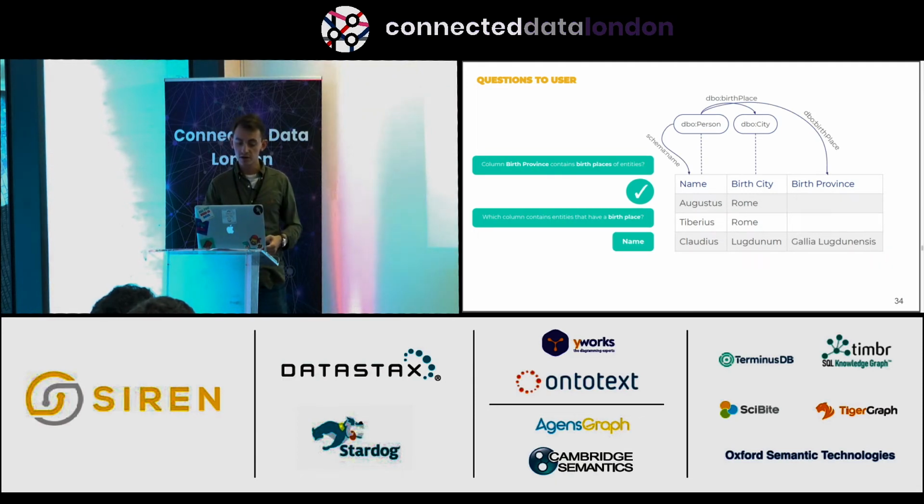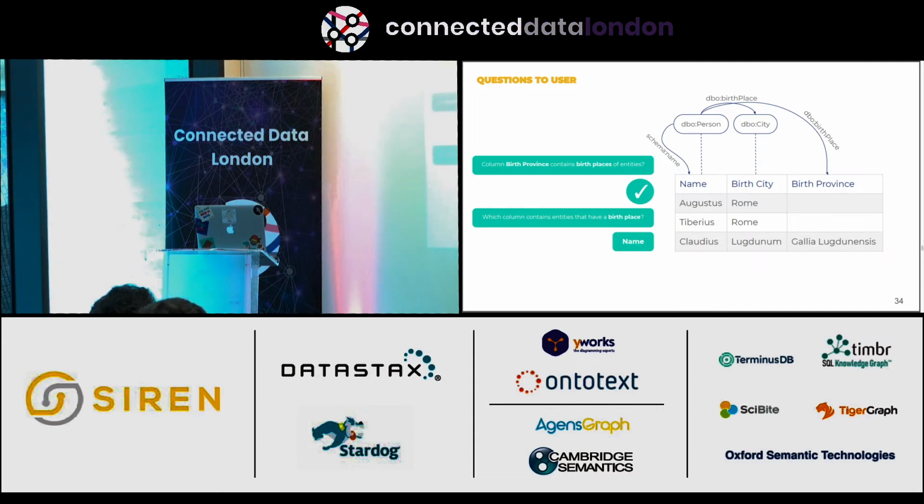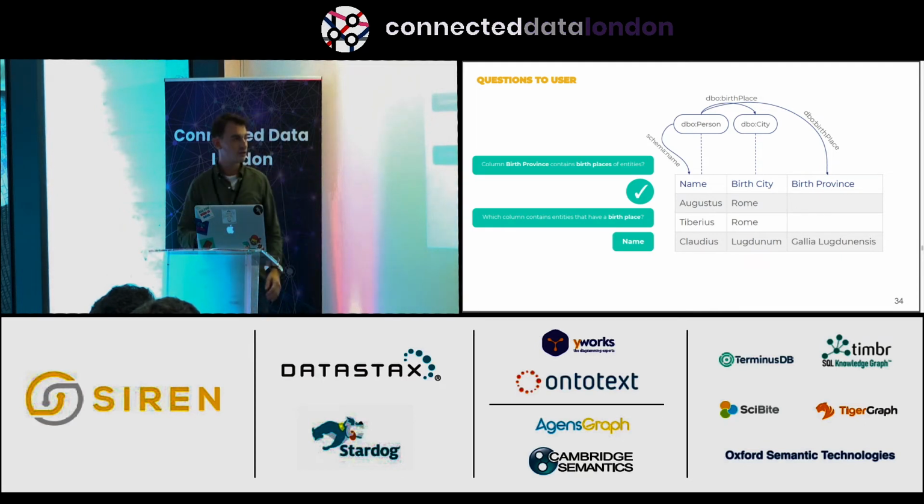But before serializing the mapping, we can automatically infer new mapping rules by using ontologies. For example, if I take the DBO birthplace property here, this property is linked to the birth province column, and we didn't find the class that represents entities in the column birth province, but we know that the property of this column is birthplace.